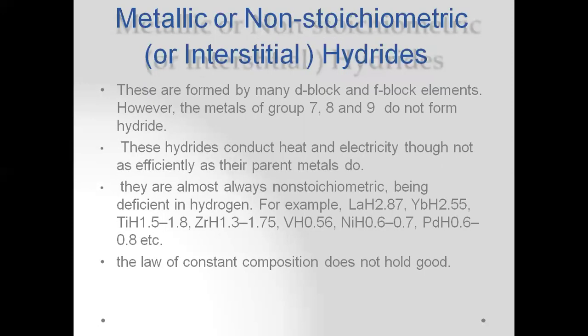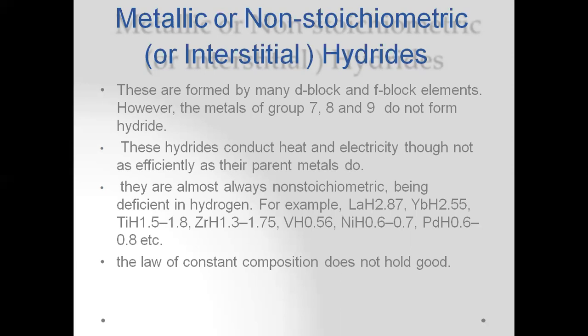Next are metallic and non-stoichiometric interstitial hydrides. They are formed by d-block or f-block elements. The metals of the 7th, 8th, and 9th groups do not form hydrides. These hydrides conduct heat and electricity, though not as well as their parent metals do. The d-block elements are good conductors because they come in the category of metals, but their hydrides do not conduct electricity as their parents do.